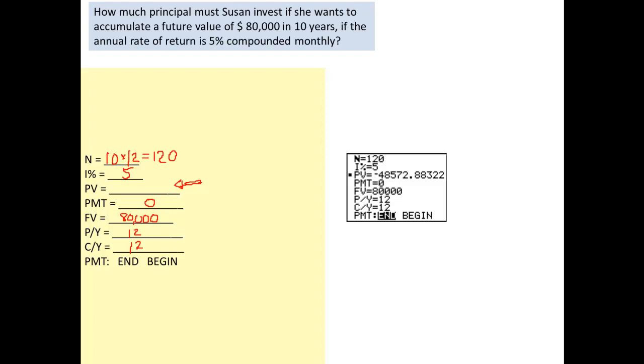We alpha solve for present value, and you see what we get here, $48,572.88. It's negative, that's correct, because this is the amount that would need to be deposited at the beginning of the 10 years in order to end up with 80,000. And it's less than 80,000, which also makes sense because this money has 10 years of time in which to grow and accumulate interest.